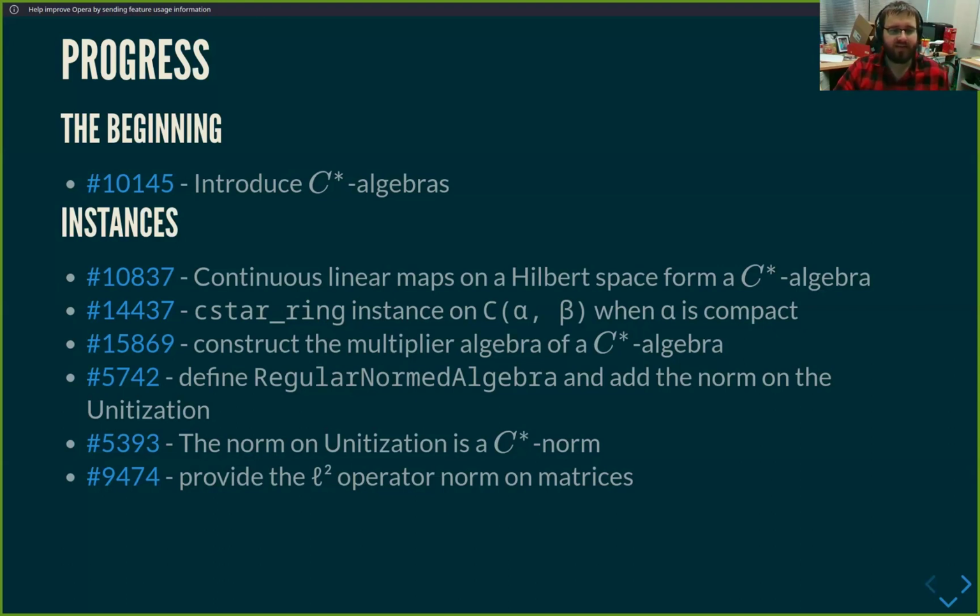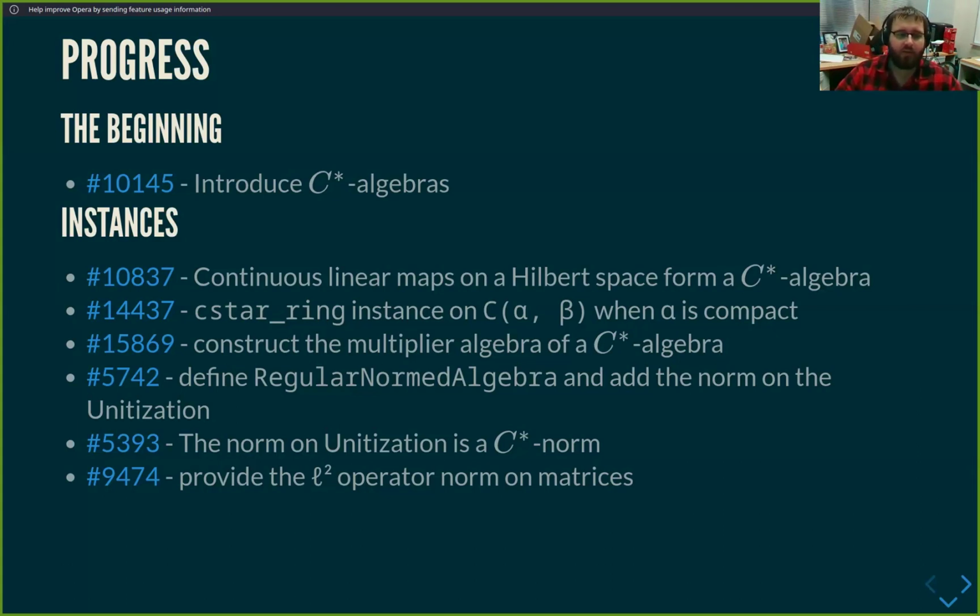So in some sense, the multiplier algebra is the largest C-star algebra that contains your original algebra as an essential ideal. So it's kind of a complicated construction. Unfortunately, right now we can't do much with it, which I'll explain later. Basically, it's because of our lack of non-commutativity and our lack of non-unitality in our definition of ideals right now.